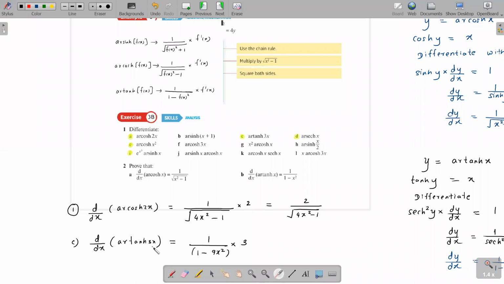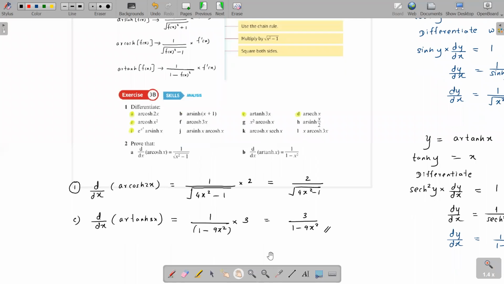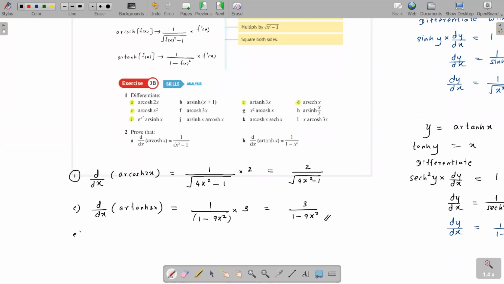So f(x) square is here, and this is the f dash x here. Do you agree with me? So we end up getting for part C 3 over 1 minus 9x square. Is that okay? The differentiation is the shared answer. Next one, part E.